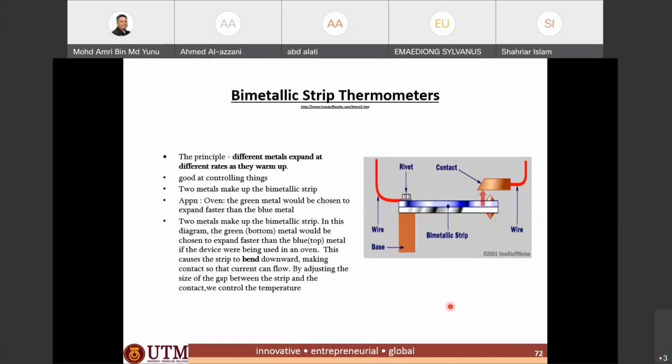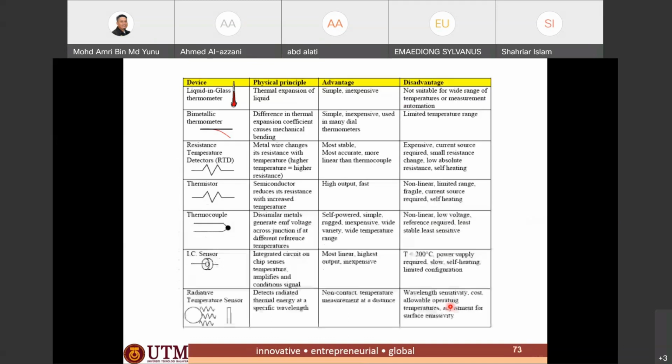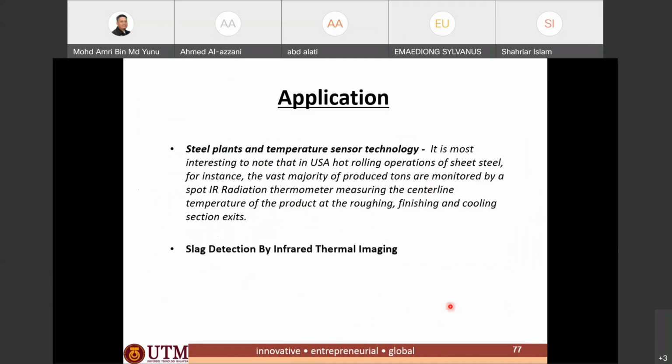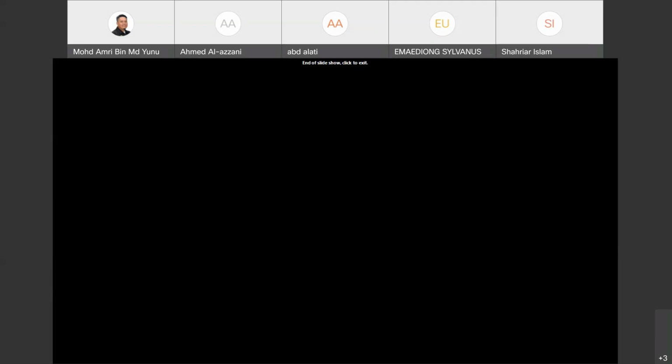It is one of the common things in ovens. This is based on mechanical movement. There are other applications here that you can go through.